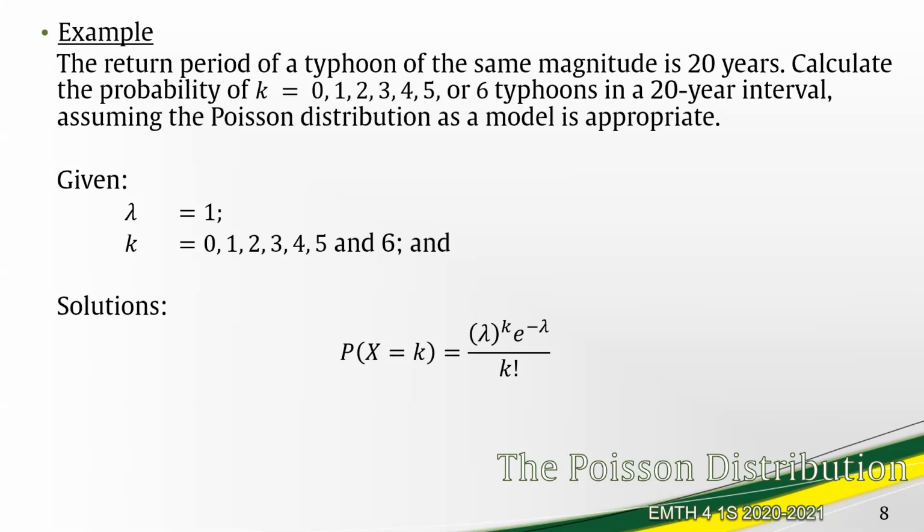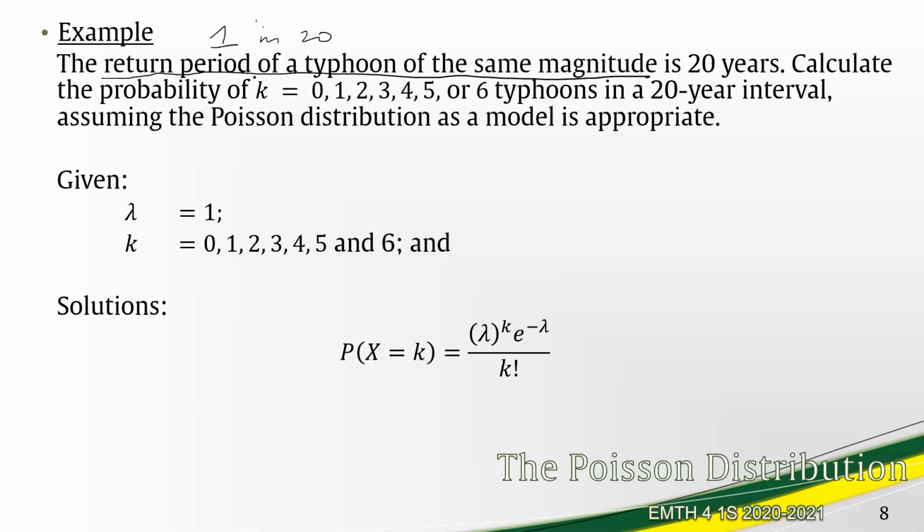And so we have the given as shown: lambda is 1. Why? Because the mean rate for a 20-year period is 1. Okay, lambda is 1 because the return period is the same magnitude, so 1 in 20 years.